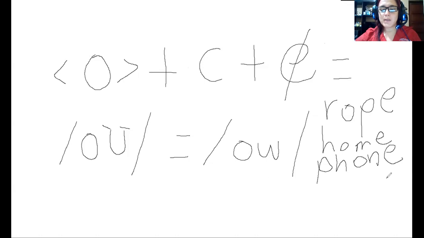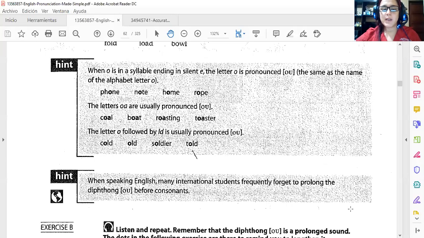So we go back to the book so we can see these words. Then we have another hint, which is about the combination of the letters O, OA, like in cold, boat, roasting, and toaster.